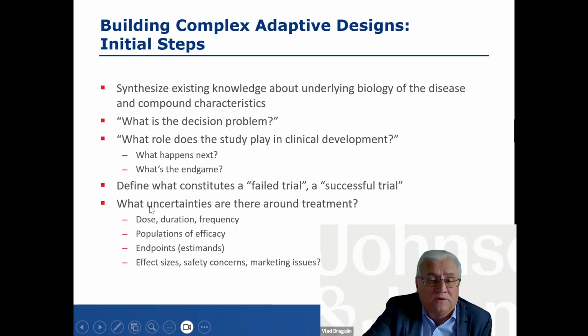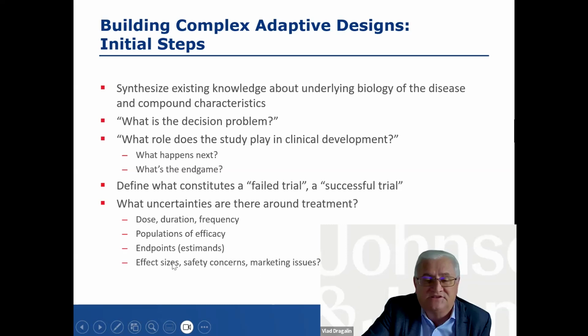So you have to focus from the very beginning on what uncertainties there are around the treatment. Do I know the dose, duration, and frequency of providing the treatment to the patient or participant? What is the population that you would like to evaluate? What endpoints or estimates will be used in order to evaluate the design?